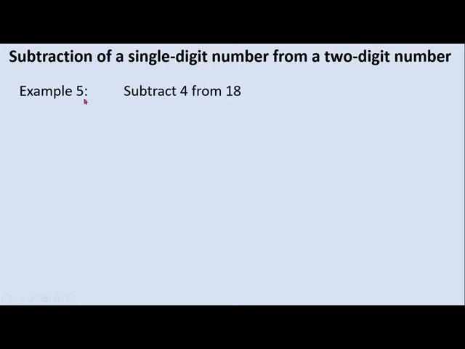Here in example number 5, we will learn how to subtract a single digit number from a 2-digit number. Subtract 4 from 18. We will write down these numbers as shown here. So please give your attention.